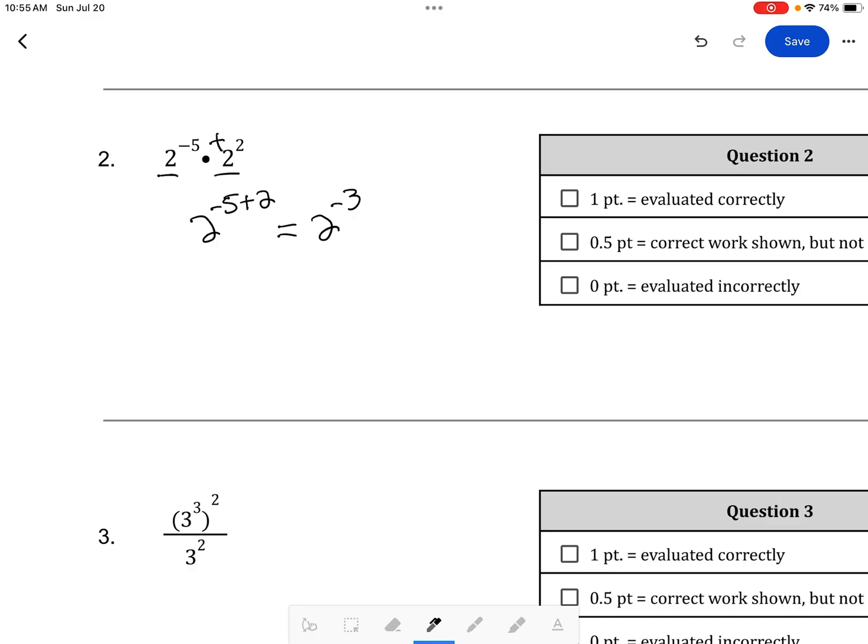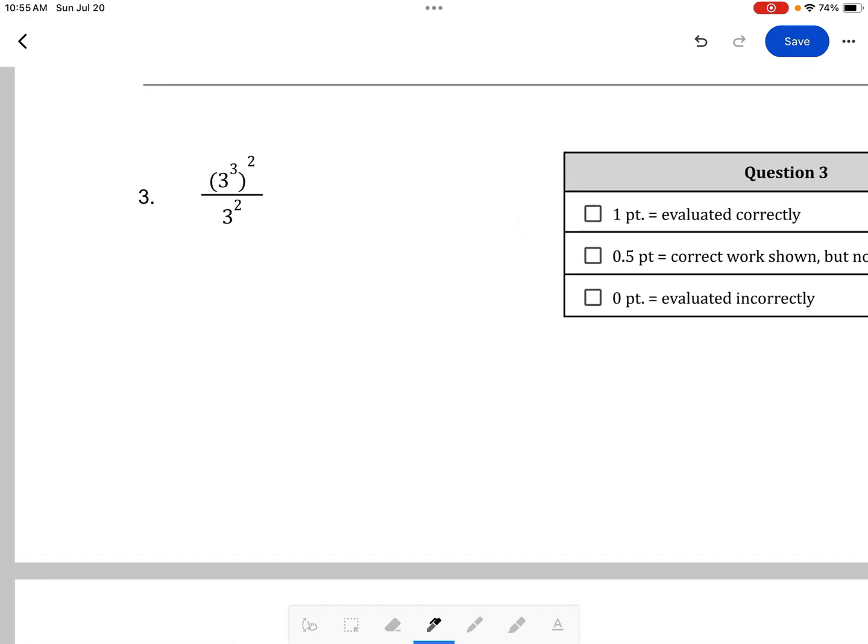So in order to make this negative 3 into a positive exponent, I need to take the 2 to the negative 3 and bring it to the denominator. So now I'm going to have a 1 in my numerator, 1 over 2 to the positive 3. I know that 2 cubed is 8, so my final answer is going to be 1 over 8.